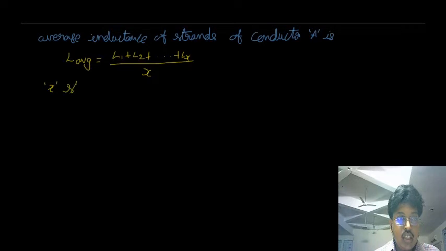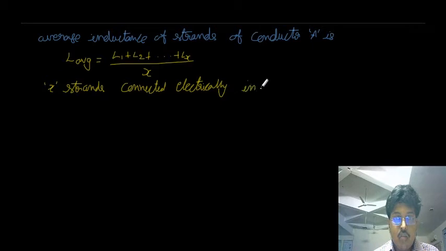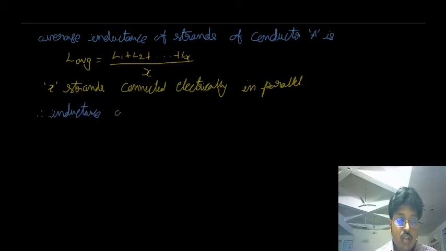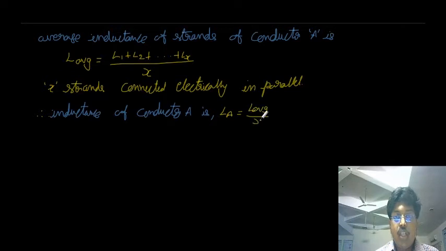Therefore, the inductance of conductor A, that is LA, is equivalent to L average by x.